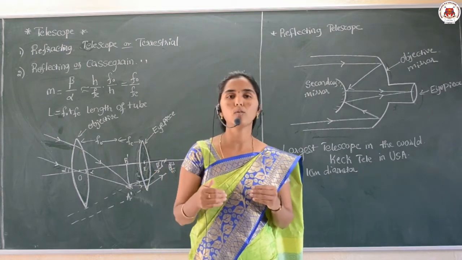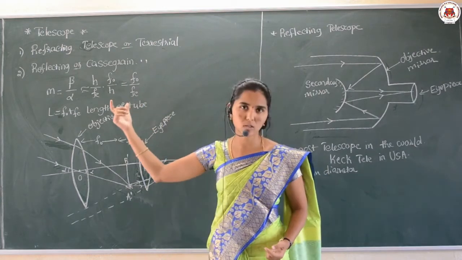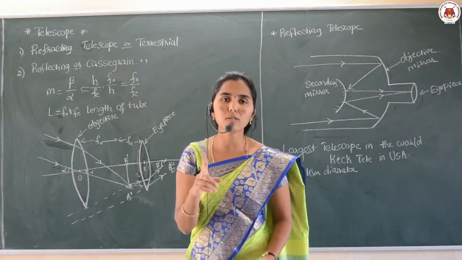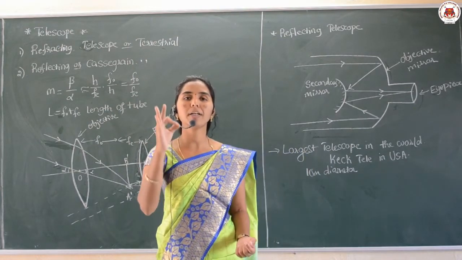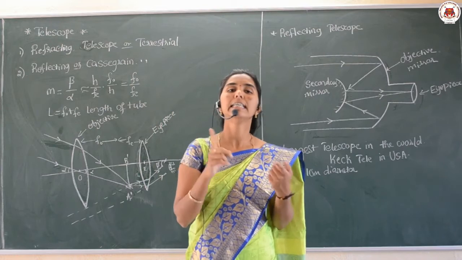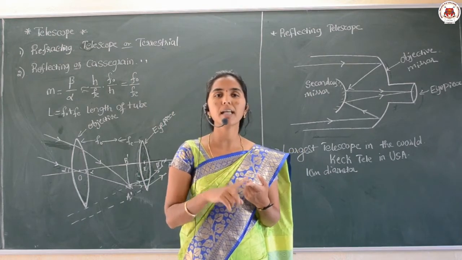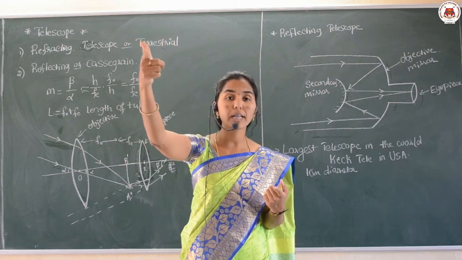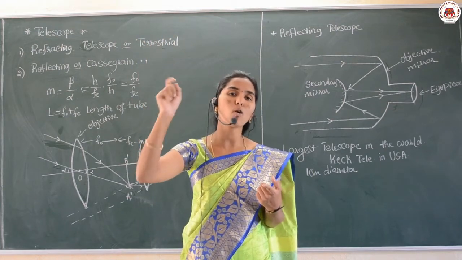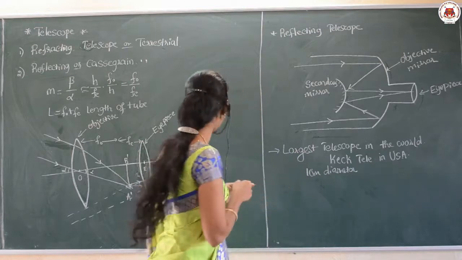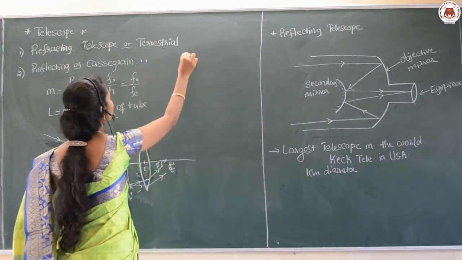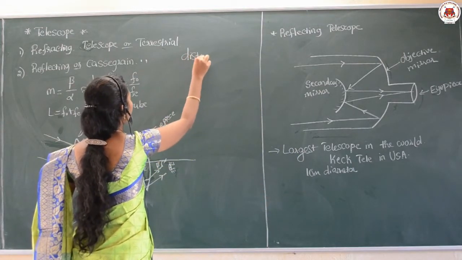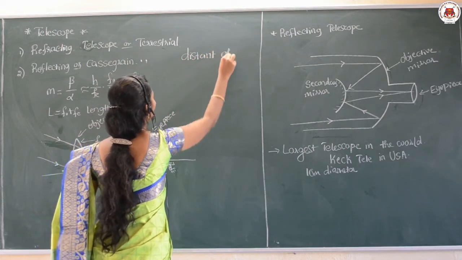That instrument we call the telescope. Right? A telescope is an optical instrument used to get detailed information and a magnified image of far off objects, or distant objects. Remember the distant objects.